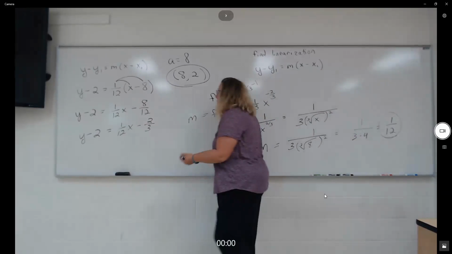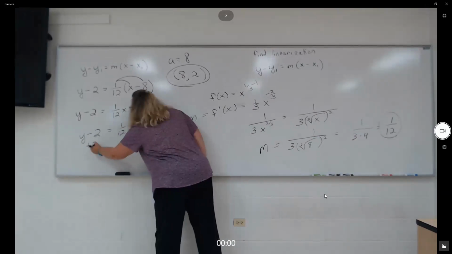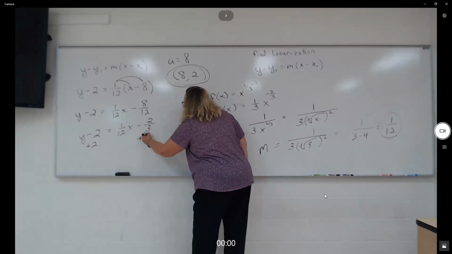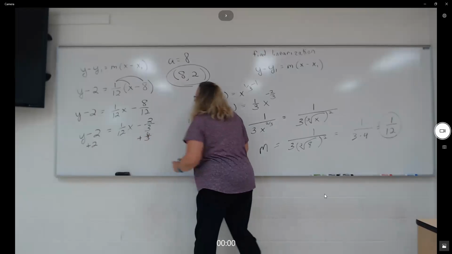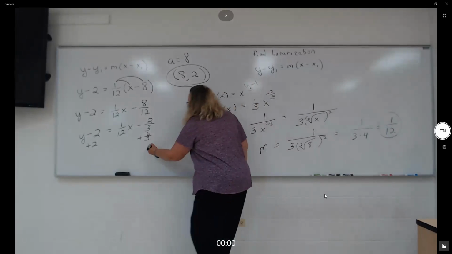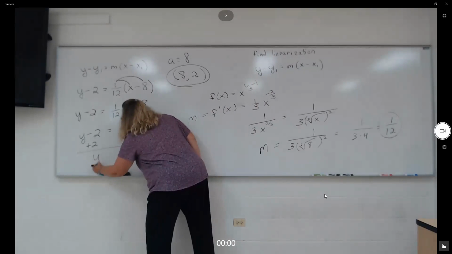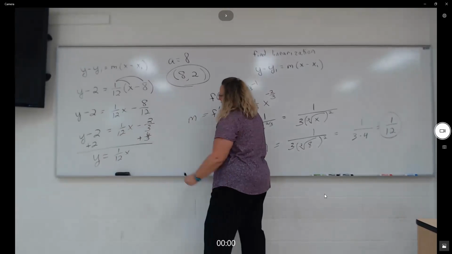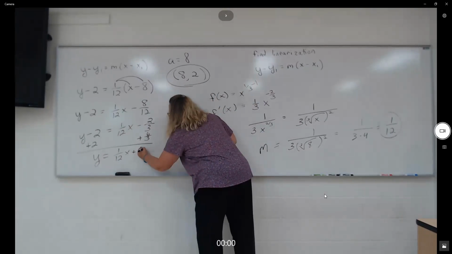Or if you don't reduce, that's what you do. Add 2 over here, because I don't have a calculator, I'm going to write this as, instead of 2, 6/3, because I'm getting a common denominator. Okay, again, if you just want to do negative 2/3 plus 2 on the calculator, that's fine. All right, and y equals 1/12 x plus 4/3.